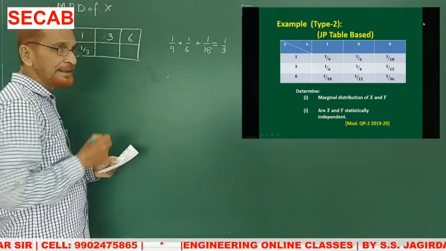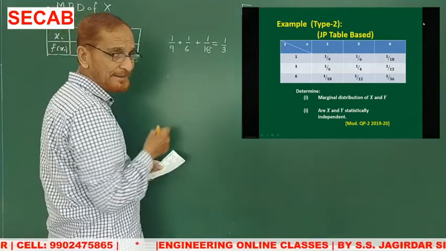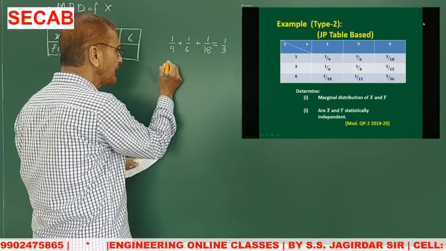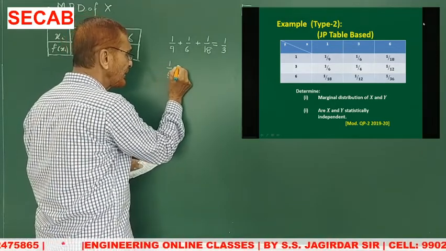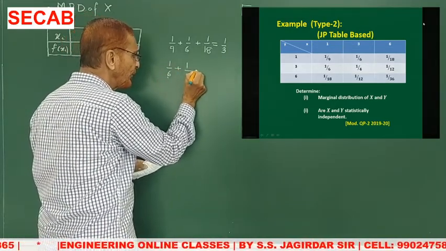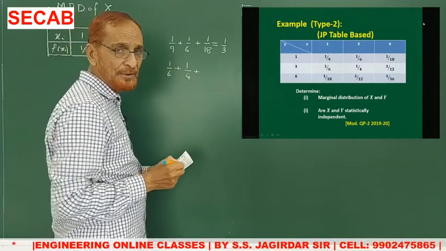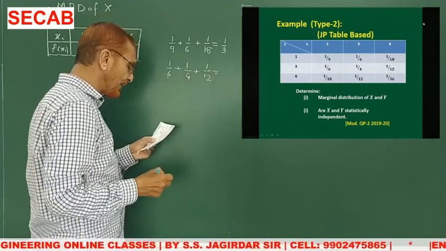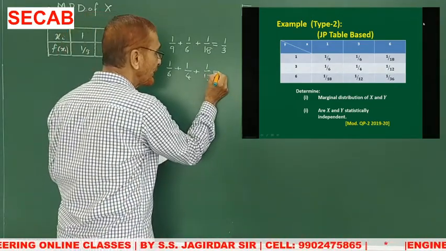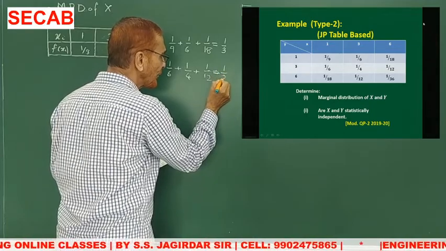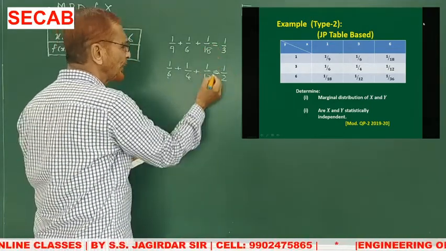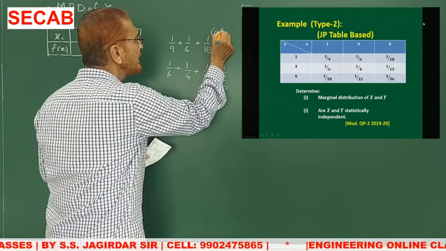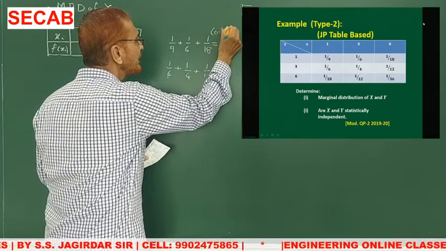Now the next value is 3. Against 3 the values are 1 upon 6, 1 upon 4, and the last value is 1 upon 12. When you add these values, you get 1 upon 2, which is 0.5, while the previous one is 0.333.